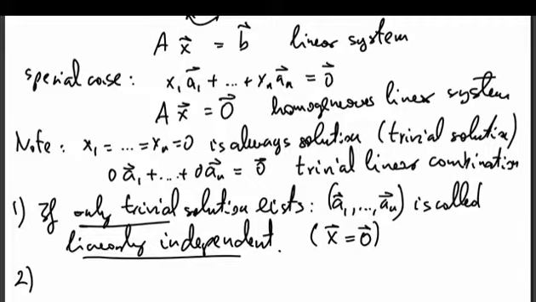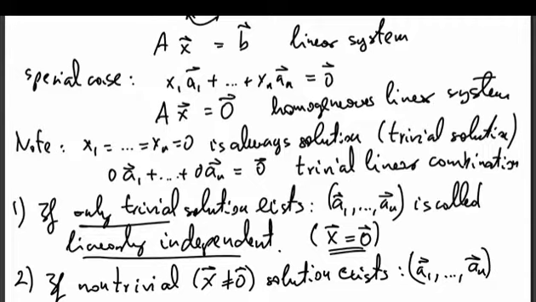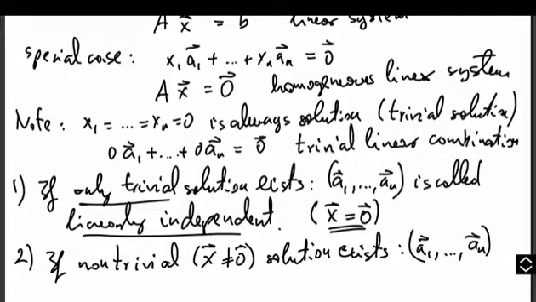So if x equals 0 is the only solution, then it is a linearly independent list. And then the second case, if a non-trivial solution exists, that means x is different from 0, then the a1, an vectors, or the list of them, is called linearly dependent.